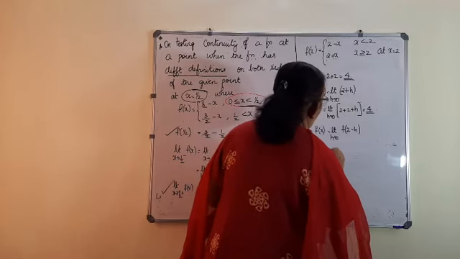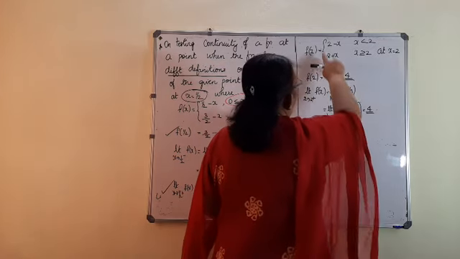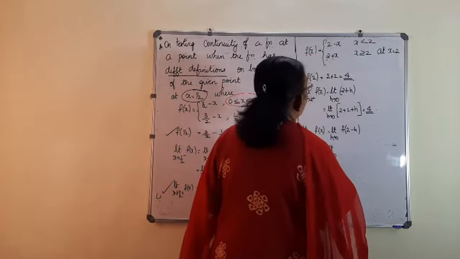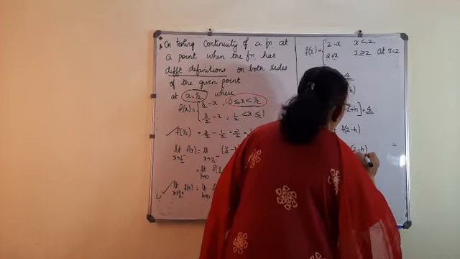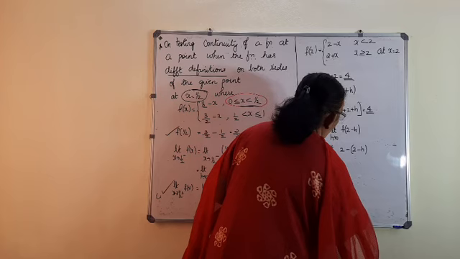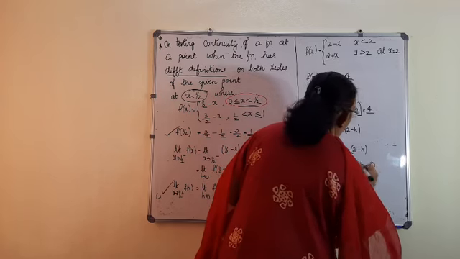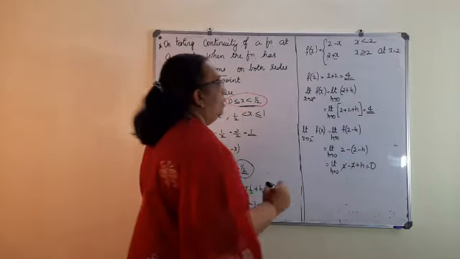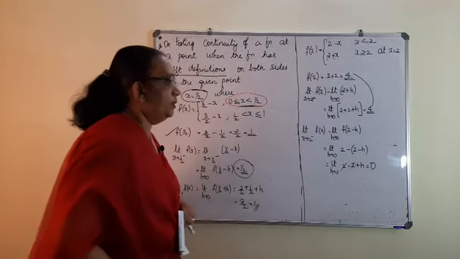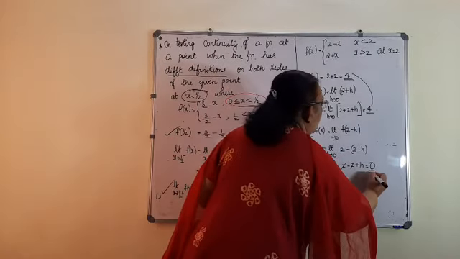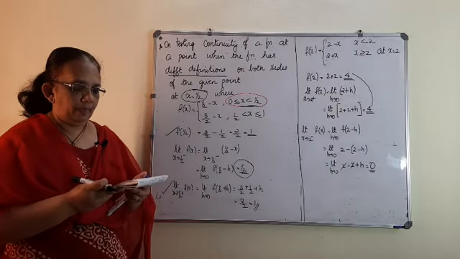For x less than 2, that is 2 minus x, so limit of h tending to 0 of 2 minus 2 plus h, which is equal to 0. Therefore, the right hand limit equals the value 4, whereas the left hand limit is not equal to 4. So the function is not continuous at that point.